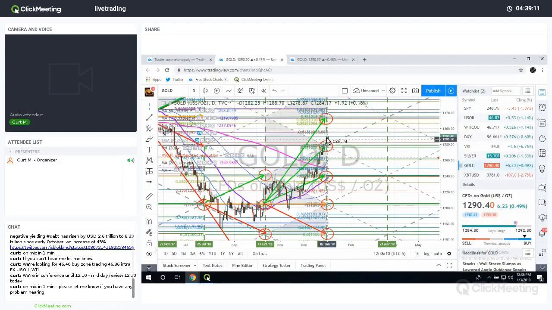This is actually a channel resistance. So all this trade up here is divergent right now. So I would expect that you're going to see a return. Your real test and support is going to be in that 1278 range. The bottom of that channel is going to be here.